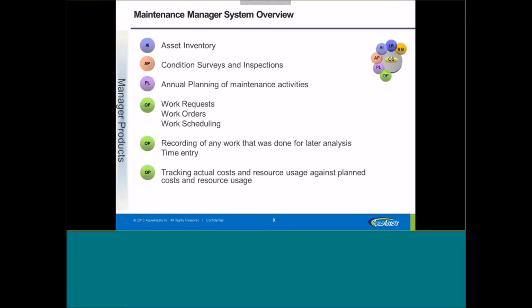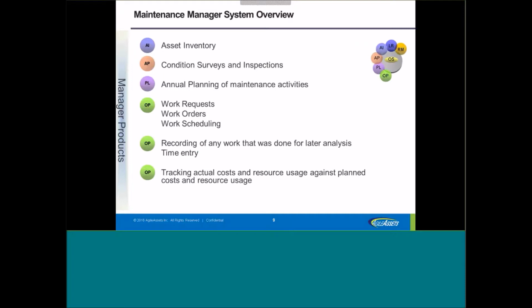So today we're going to go through, as I said, some of these functional areas. We're going to talk about asset inventory. We're going to talk about condition surveys and inspections, which is your asset performance area. We're going to talk about annual planning in terms of maintenance activities.